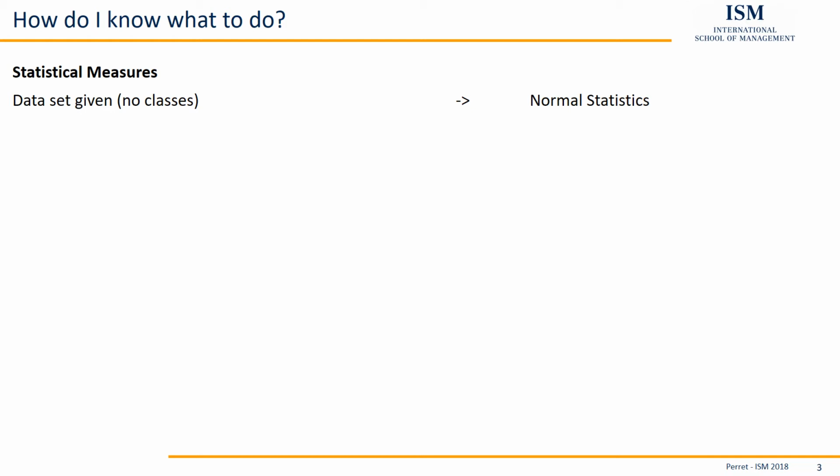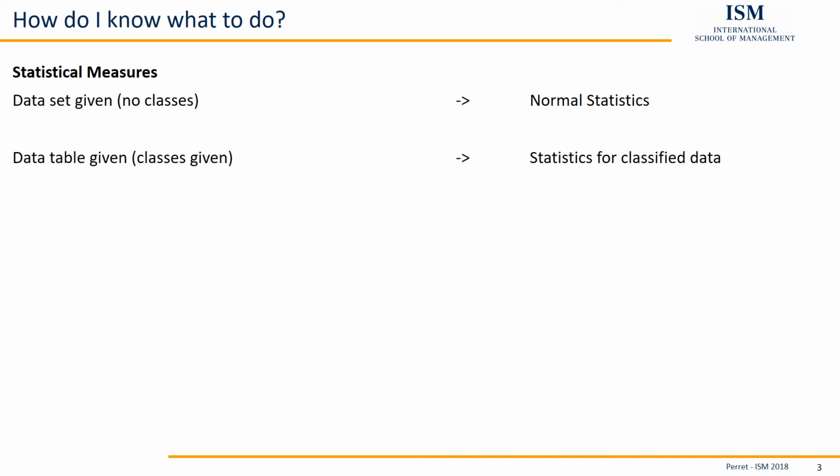Statistics for raw data. On the other hand, if some specific classes are given, and here with classes, what I mean is usually ordinal classes. So for example, with age: all the people between 0 and 18, all the people from 18 till 25, from 25 till 30.